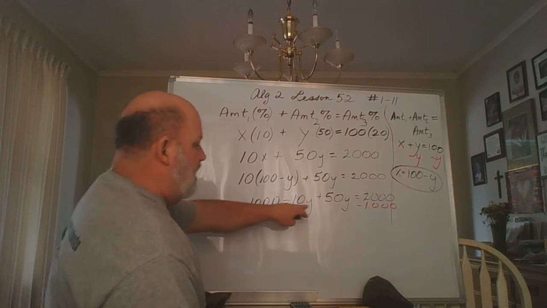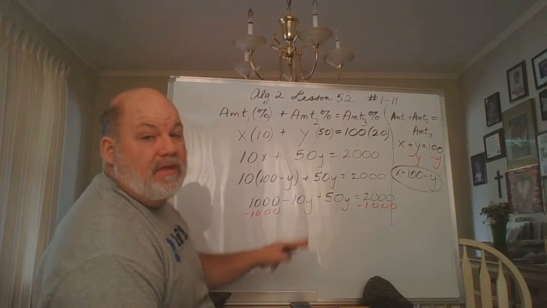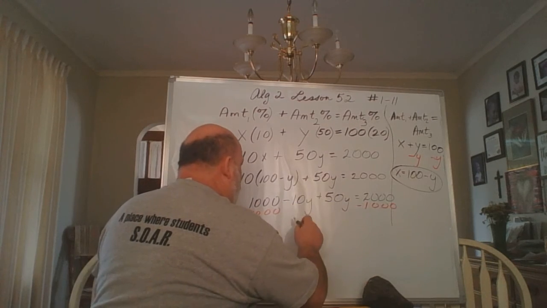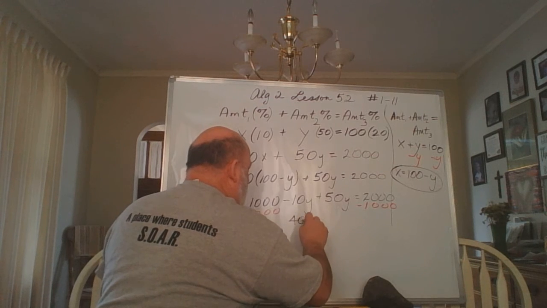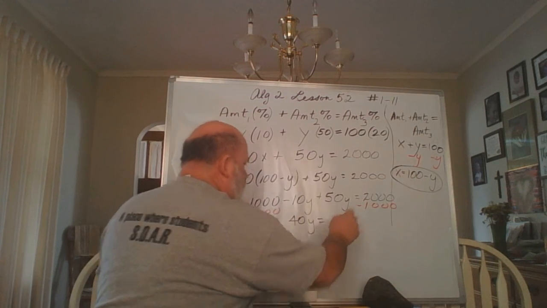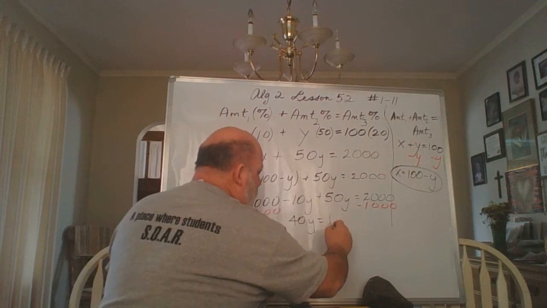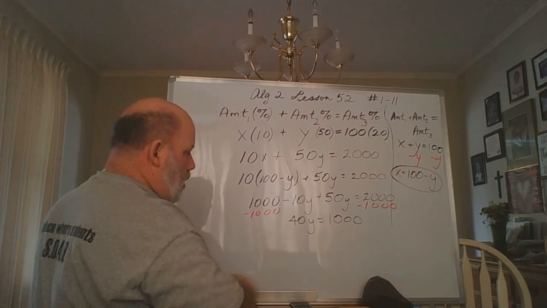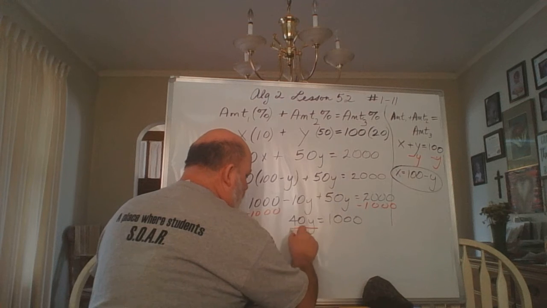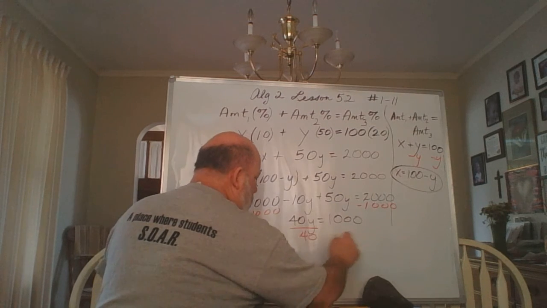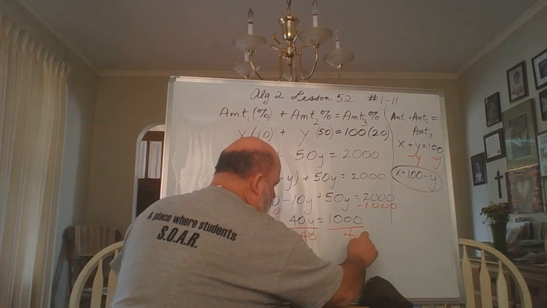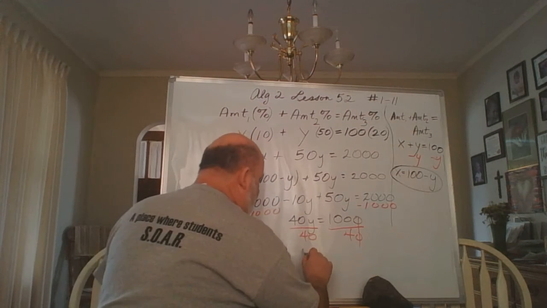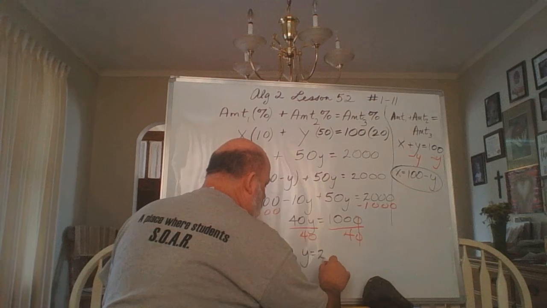Over here I have negative 10y plus 50y. That's 50y minus 10y. That'll give me 40y. And that equals 2,000 minus 1,000 is 1,000. We're going to divide both sides by 40. And I get that y is 25.